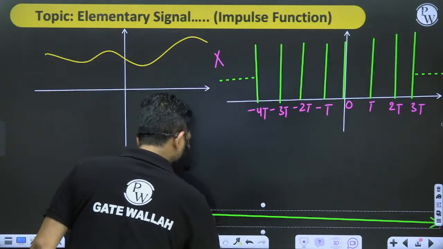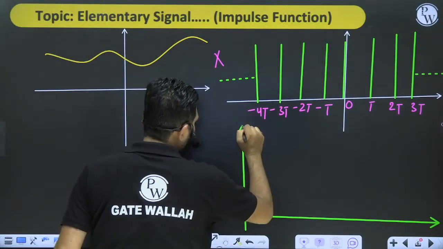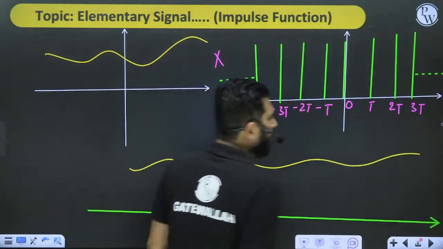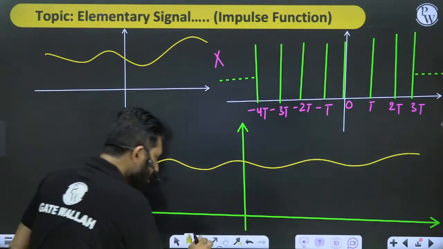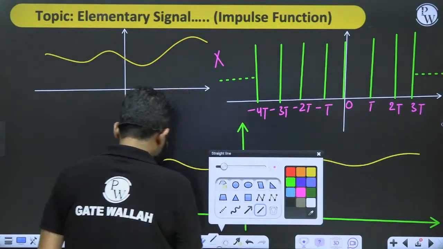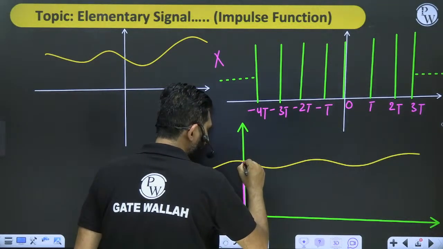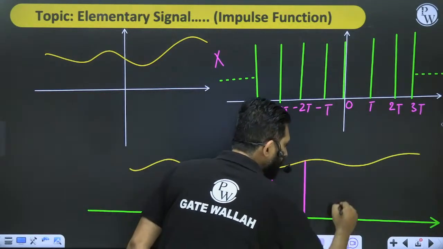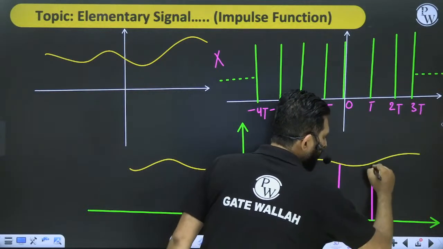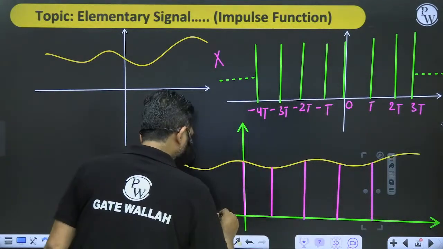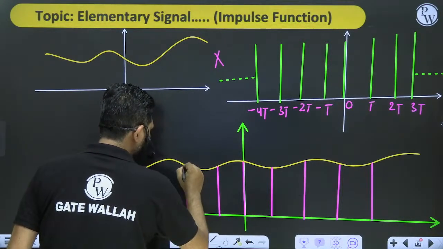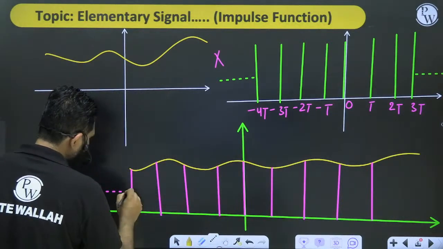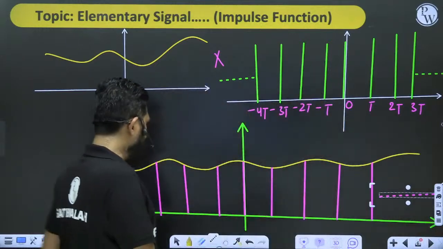I will get a function, but see here, an impulse which exists at 0, at T, at 2T, at 3T, at 4T, and so on, at minus T, at minus 2T, at minus 3T, at minus 4T, and so on, like this.